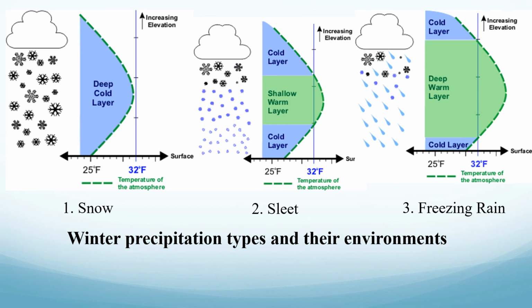The rain falls back into the air that is below freezing, but since the depth is shallow, the rain does not have time to freeze into sleet. So upon hitting the ground or objects such as trees or our cars, vehicles, the rain freezes on contact. Some of the most dangerous or disastrous winter weather storms are primarily due to freezing rain.